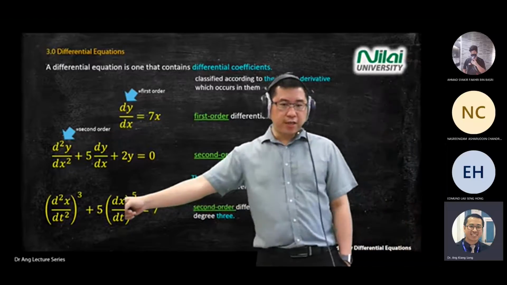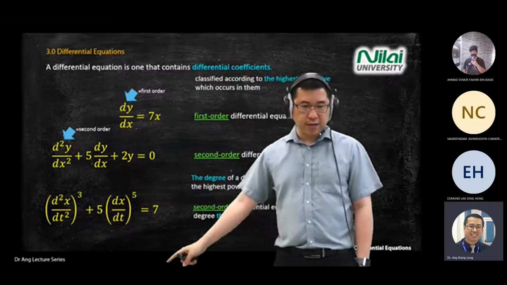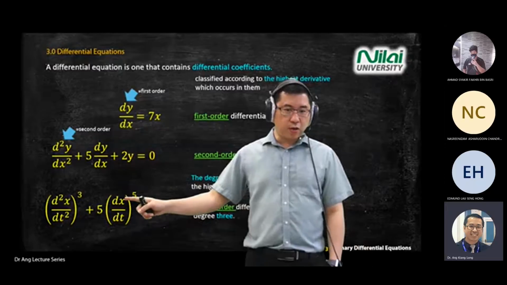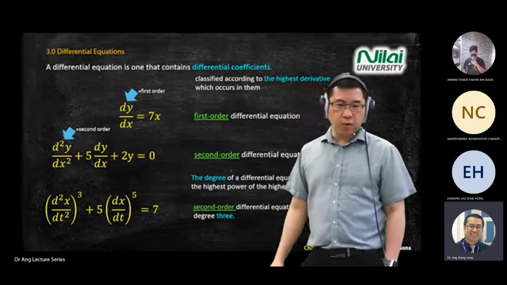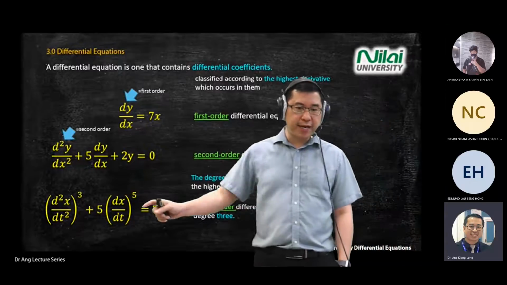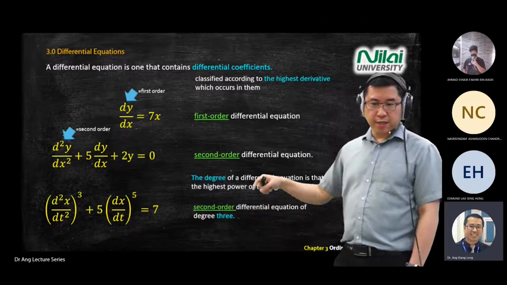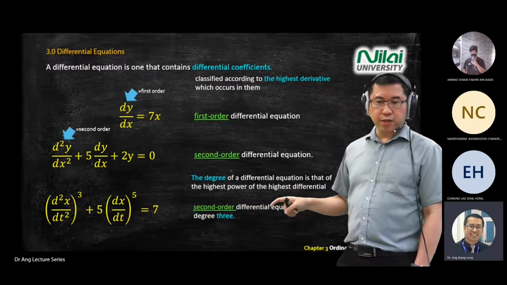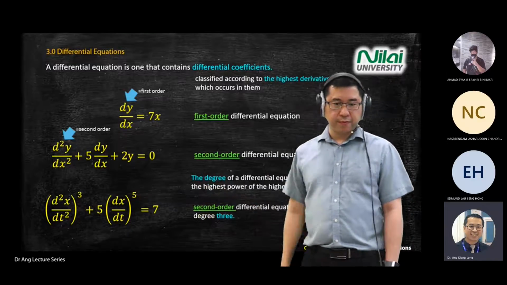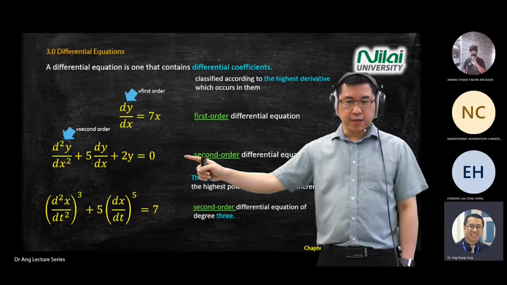In this equation, the highest order is 2, which is the one on the far left, where you have the d square. And then look at the power above the bracket. It's number 3. So the name of the third equation here is a second order differential equation of degree 3 and not 5. Pay attention to this one.